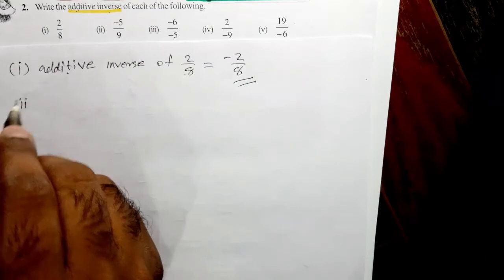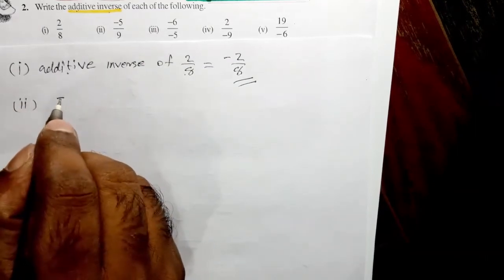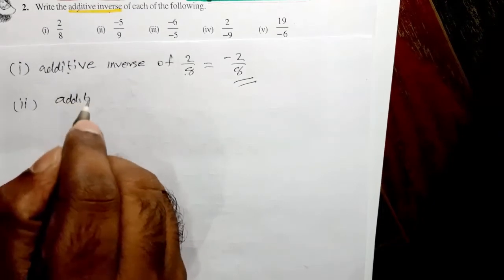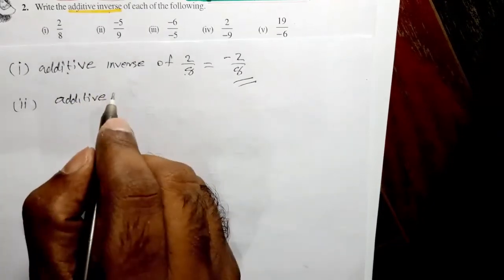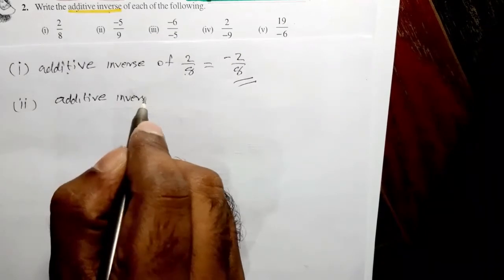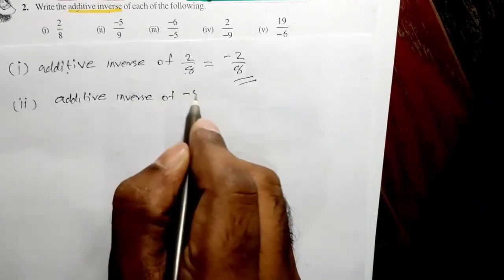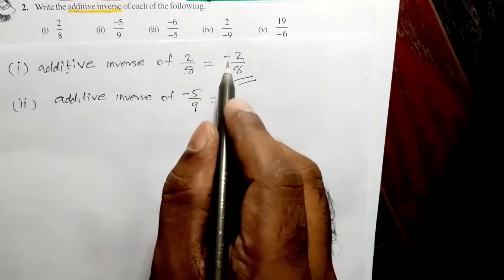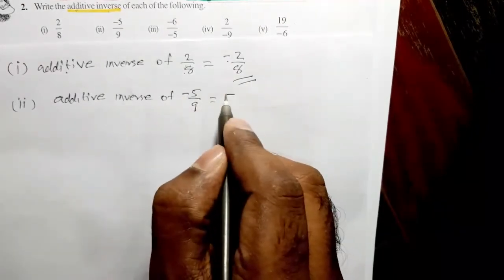The second question is minus 5 by 9. Additive inverse of minus 5 by 9 is equal to. Here already we have a negative symbol. Here also we are going to give one negative symbol.